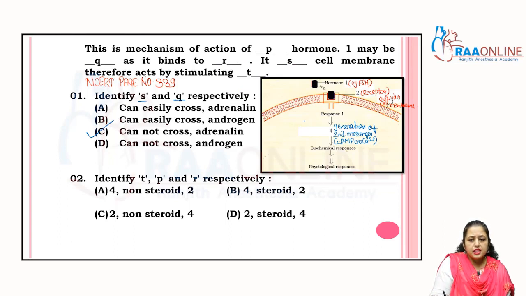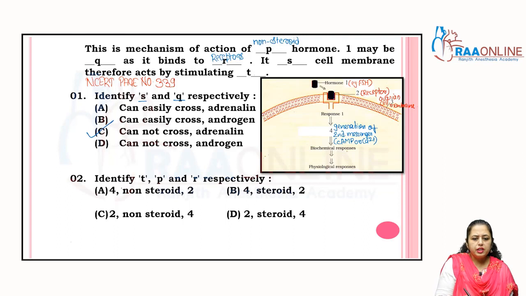Actually, P is the non-steroidal hormone which cannot cross the cell membrane, and it binds to the receptors over the cell membrane, and therefore it acts by stimulating the formation of the secondary messenger, that is T, right?